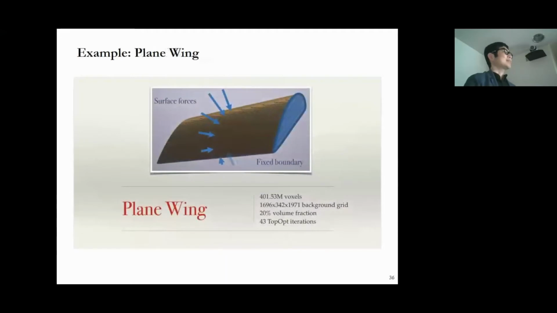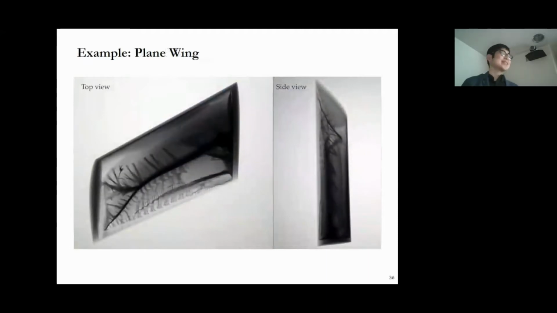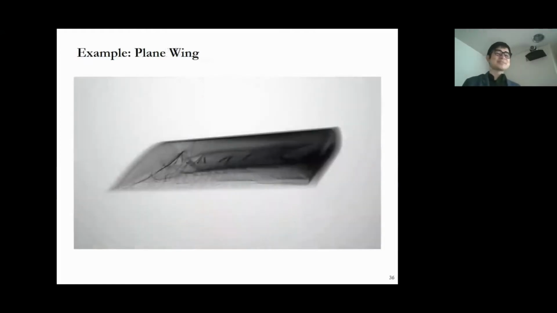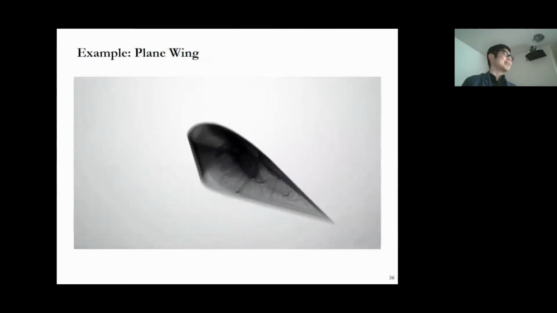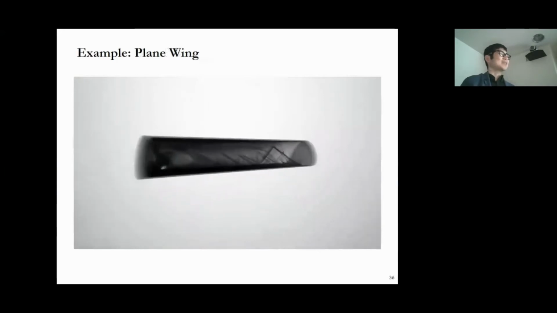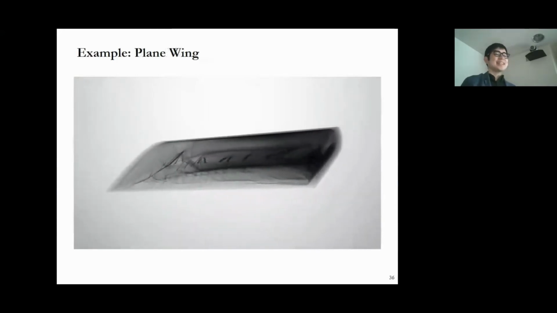And we can do the same thing to design different types of structures. For example, we can apply the same physics to design an airplane wing. Basically, we want these structures to grow inside the geometry of an airplane wing, but still try to minimize the compliance and see what the optimized structure should look like.